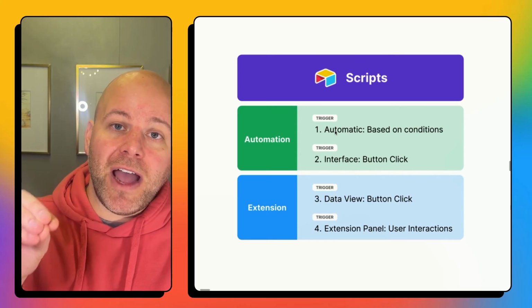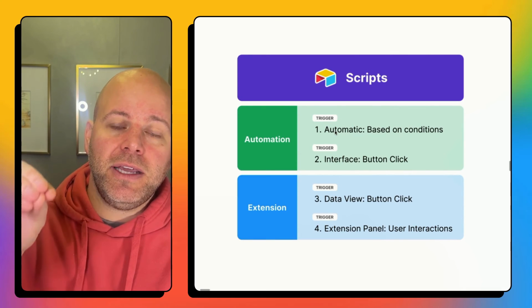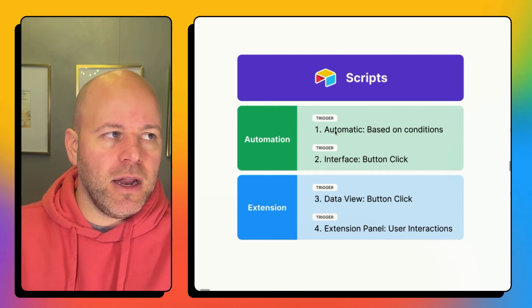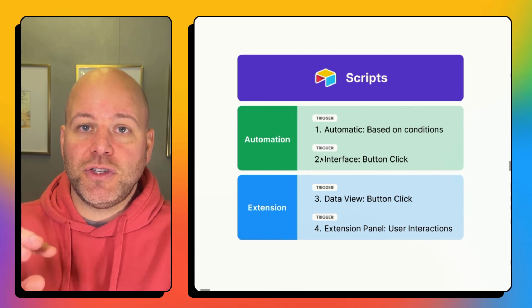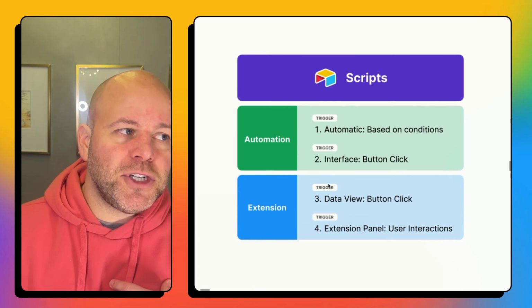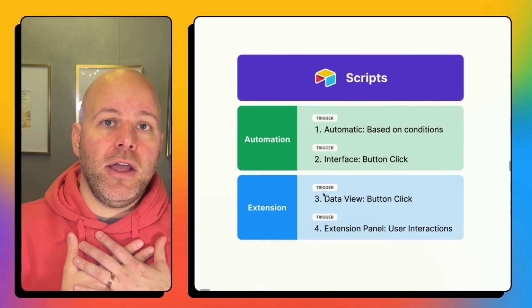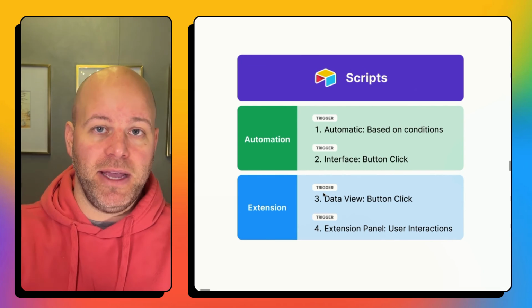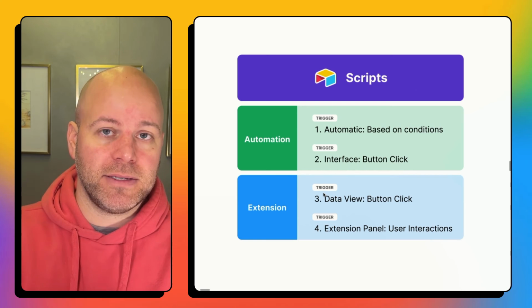If no, if I want someone to actually click a button to then trigger the automation to run, then I'm looking at options 2 or 3. And the difference here is option 3 is only available to people who have access to the data view in the base, who have access to the whole base.